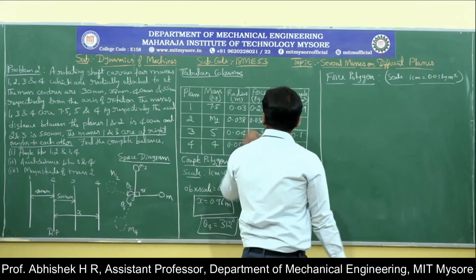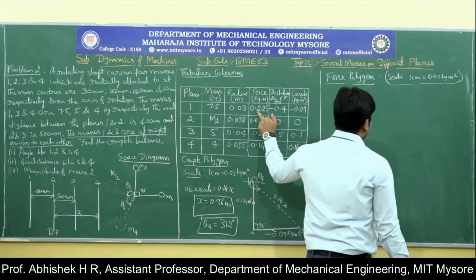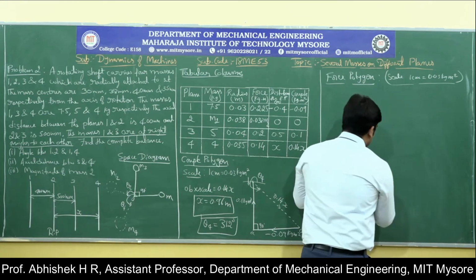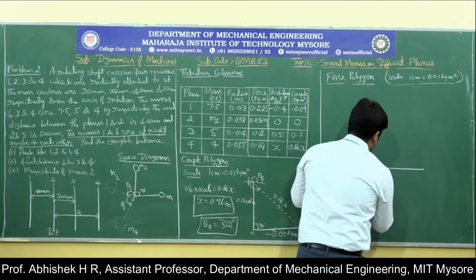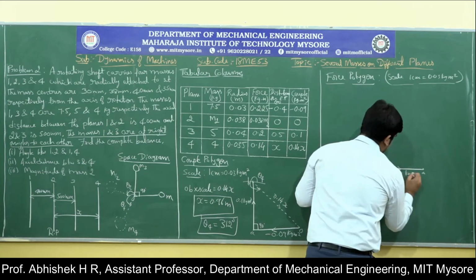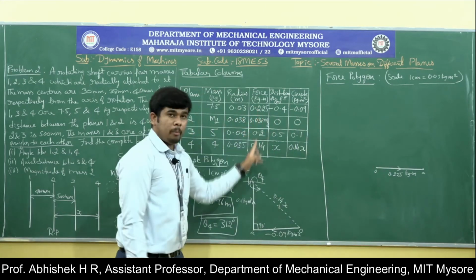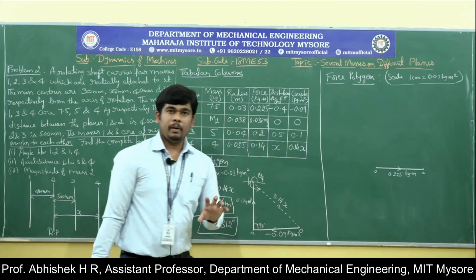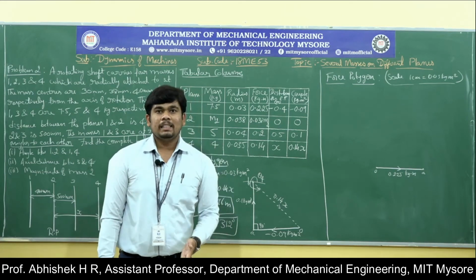Now for this, 0.225 by 0.03 kg meter square. For the converted scale, draw a line of 0.225 kg meter towards the right hand side, since we have a positive magnitude. Then we have the angular position of 1 and 3, that is 90 degree. 90 degree means it is a straight line.